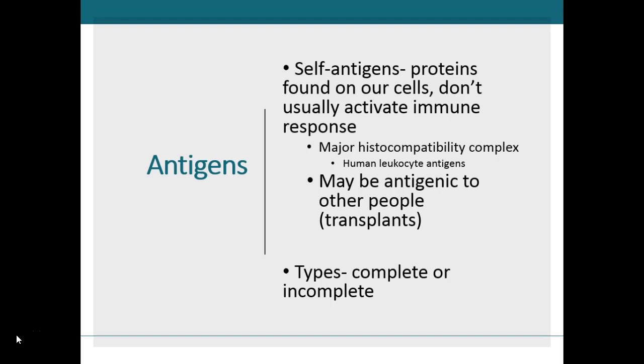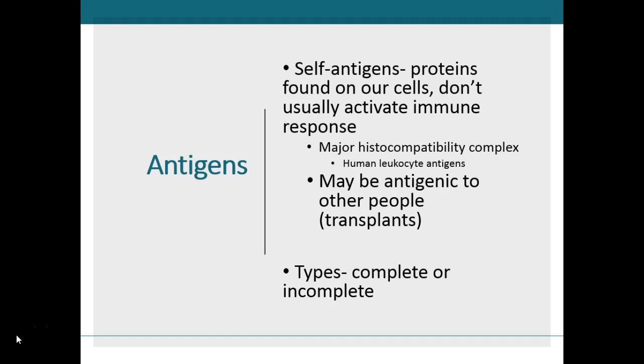So these proteins are also called human leukocyte antigens because they were first identified on white blood cells. These are very unique to you unless you have an identical twin. Of course, identical twins have the same exact genes, so you make the same exact proteins. Thousands to several hundred thousands of major histocompatibility molecules are on the surface of all of your body cells except for your red blood cells.